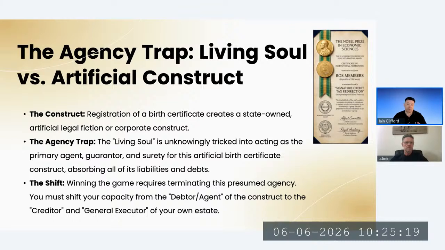So if you picture the scene, there are two realms. There's the realm of the real, and then there's the realm of the artificial. The real is playing on the artificial construct, or the artificial Monopoly board.